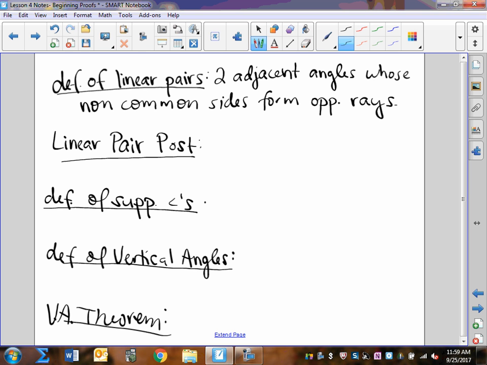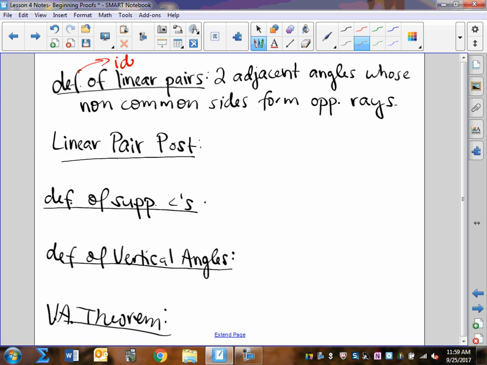That is all that the definition tells me. It simply tells me if we have two angles next to each other and they have those opposite rays, that makes linear pairs. That is all it tells me. It does not tell me anything about supplementary. So my definition in terms of proofs simply helps us to identify that they are linear pairs.